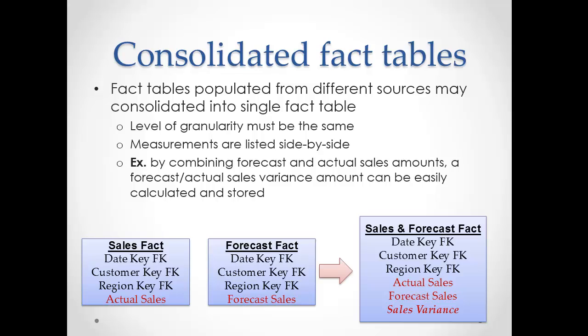So sometimes we'll do what's called a consolidated fact table, which is we recognize this situation exists, we combine both of the individual fact tables into one fact table, and then we can compute the value that we need in that new fact table. This is called a consolidated fact table. You might have two different data marts, like a sales data mart and a forecasting data mart, but in essence they use the same fact table, and you do this mainly for performance purposes.